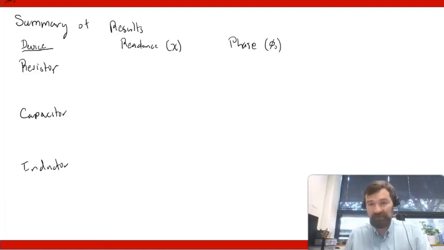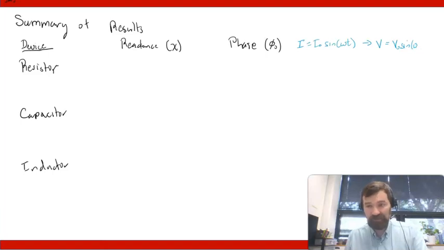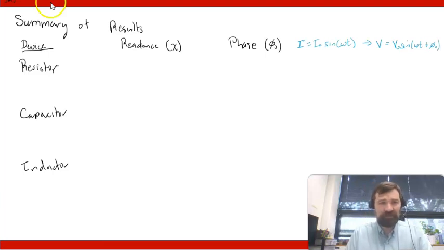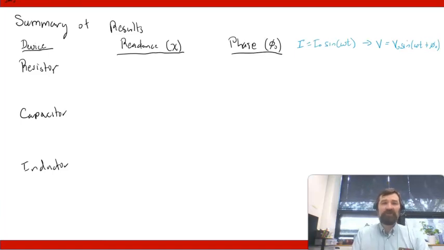And again, the equation for that is, if I is I naught sine omega t, then the voltage drop for this device will be V naught sine of omega t plus phi naught.